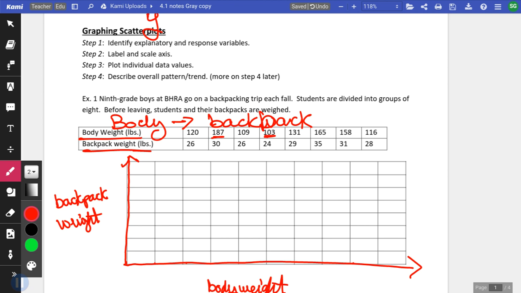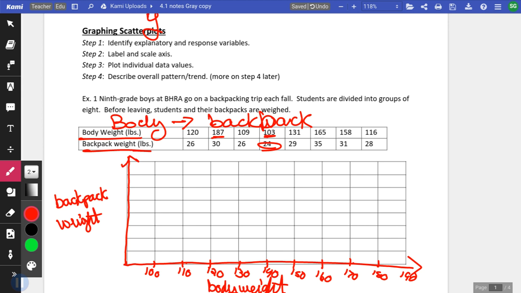So if we go by 10-pound increments, we put 100 pounds right here, 110, and so on. Now, anything in between can be done. So if there's 105 or 102, you're going to have to estimate that. And then do the same thing for backpack weight.